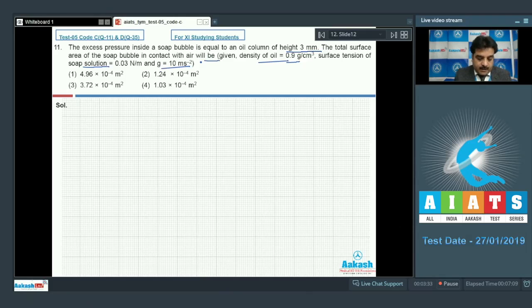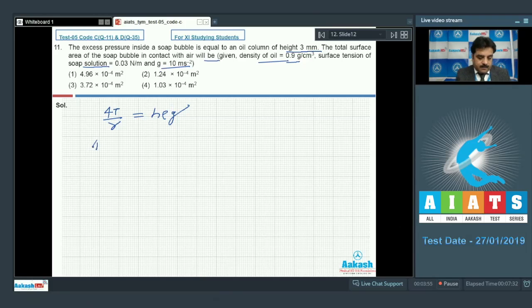Okay, so according to the problem, we can use the excess pressure in the case of a soap bubble, 4T by R, where R is the radius, and that is equal to the column of height 3 mm, so we'll write h rho g.